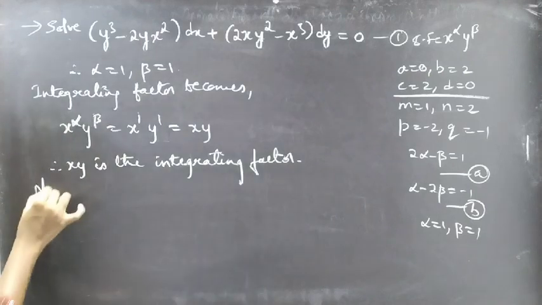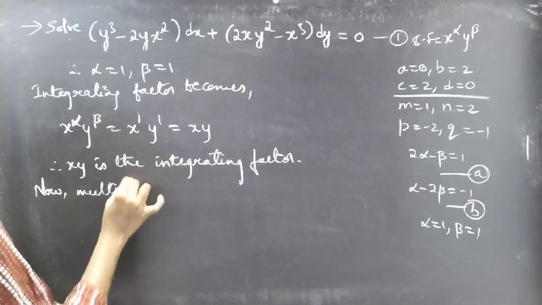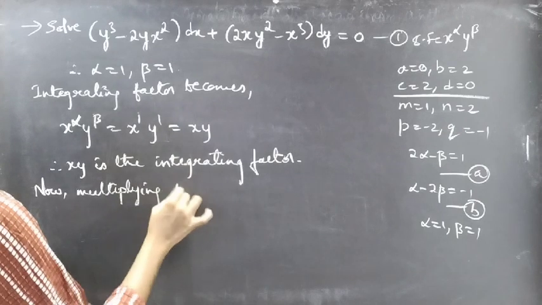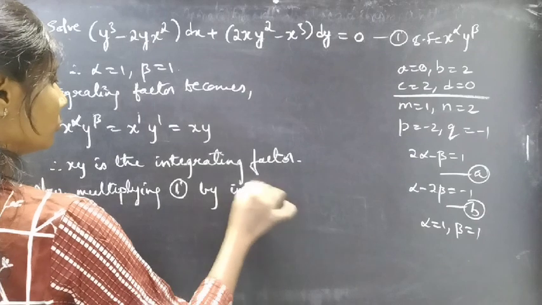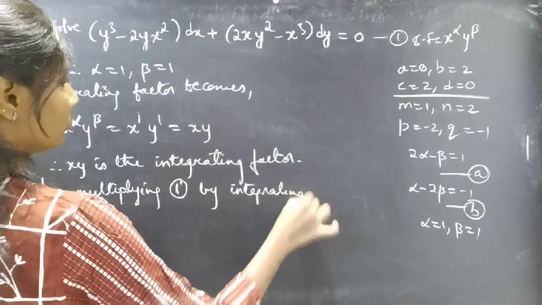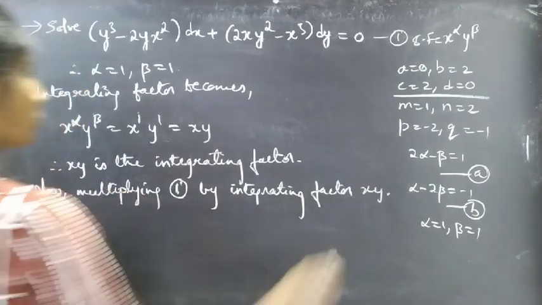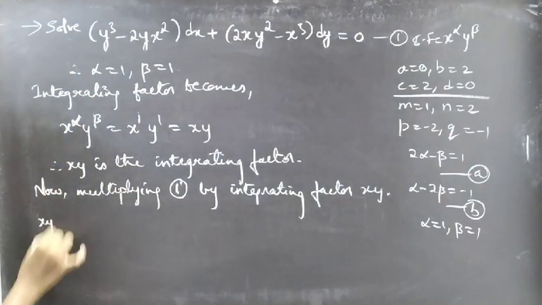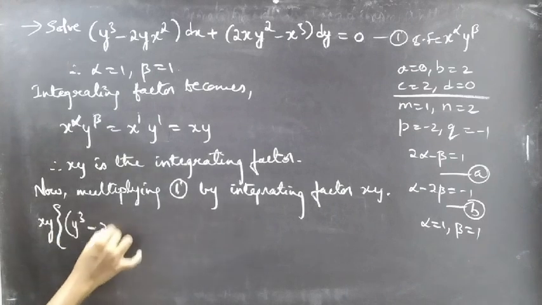Now, multiplying the given equation by integrating factor xy, we get xy into (y cube minus 2 x square...).